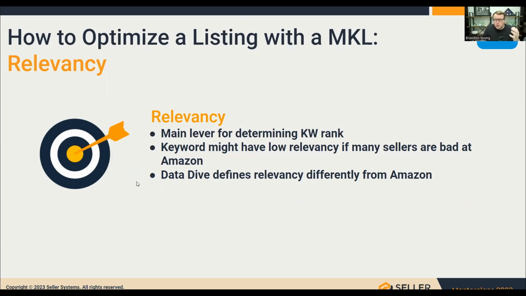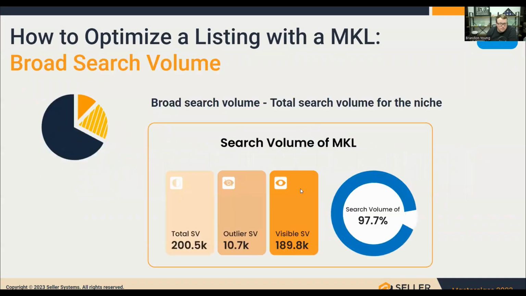But you can usually determine whether that's true or not by searching the search term and seeing what's ranking for those keywords. The Data Dive is defining the relevancy differently from Amazon. We're basically counting the current competitors, and we're giving you an idea of what's relevant based on the current sellers and what we're determining from the data.